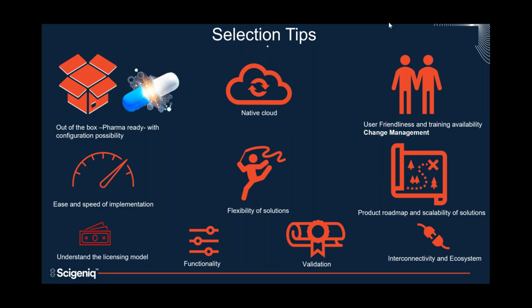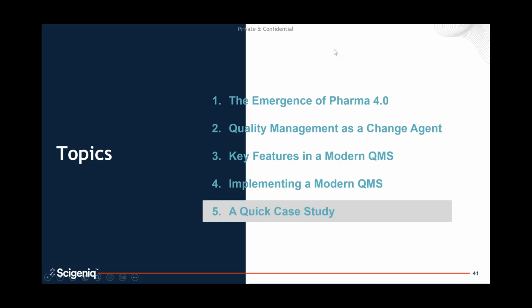The licensing model can be tricky, sometimes very costly as well. Functionality and validation, and make sure that we have interconnectivity with the ecosystem and the possibility of integration with other solutions as well. And I'm done, and I'm sorry for this technical thing. I had to use Jawad for doing all of the presentation for me.